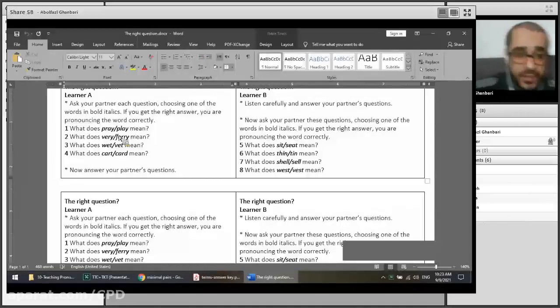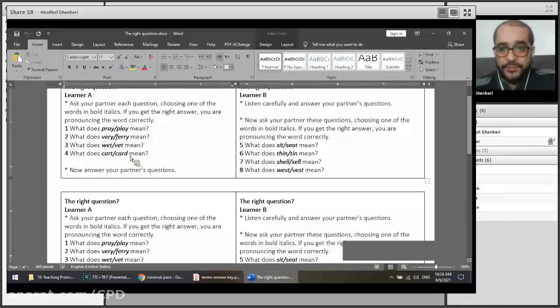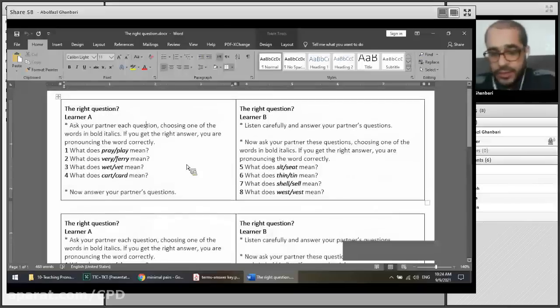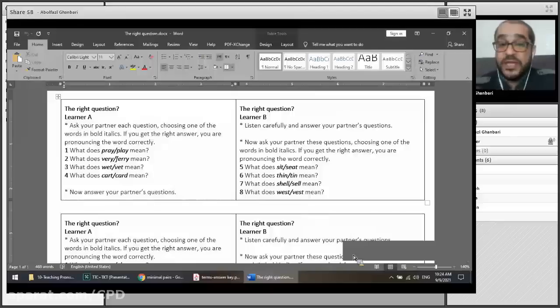It is very useful for practicing individual sounds which are similar, like pray and play, very and berry, wet and vet, sit and seat, shell and sell, west and vest. We can distribute these among the learners and ask them to practice these minimal pairs within questions.